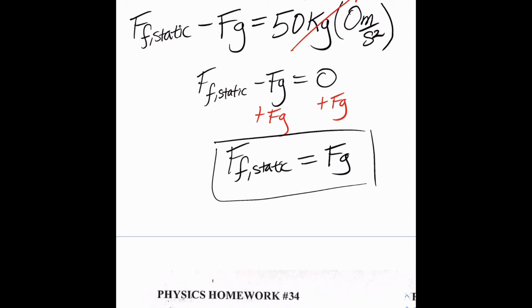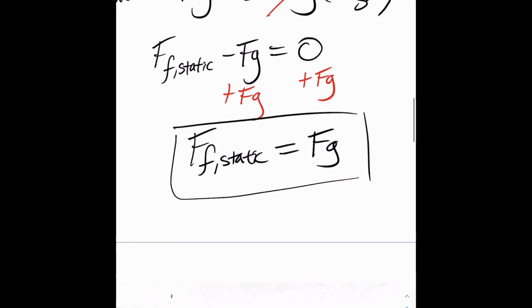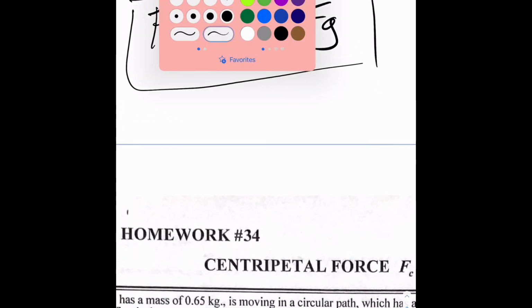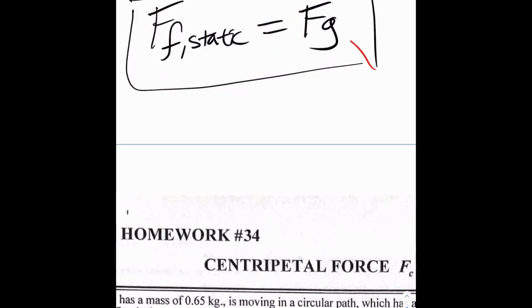All right, so force friction static is equal to Fg. Fg is always mg, so let's go ahead and sub in mg for that. And if we do that, we can say Ff static.